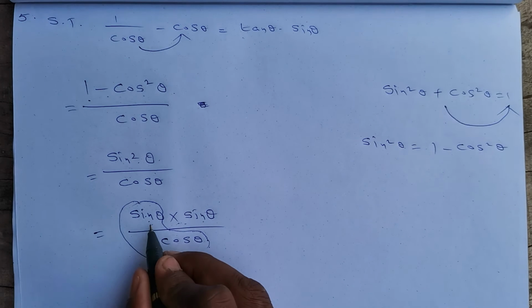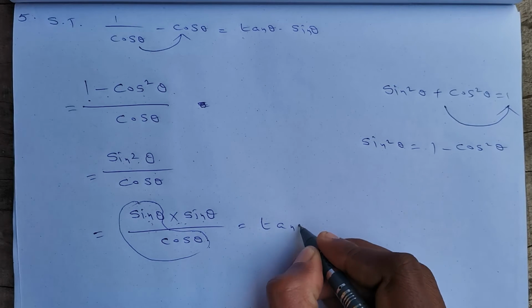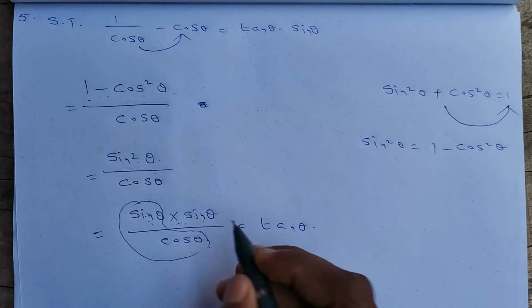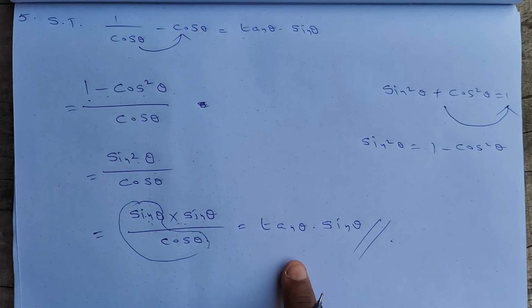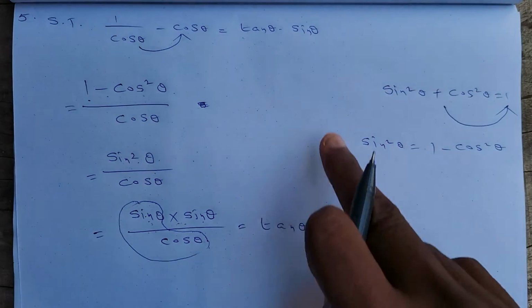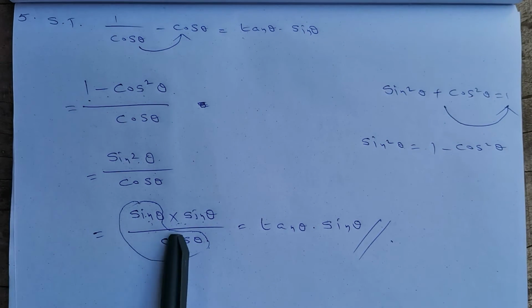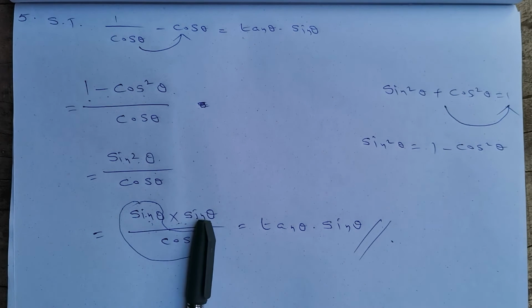Now sin theta divided by cos theta is tan theta, into sin theta as it is. So the final answer is tan theta into sin theta. That's exactly what we need to prove. Don't forget, if plus or minus is there, then only the denominator will be applicable for both the terms. Here multiplication is there, so the denominator belongs to any one only.